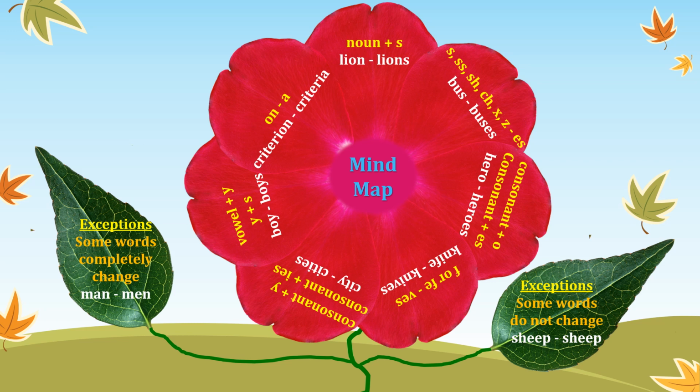Exception number 2. Some words do not change at all. They are very rigid. They remain the same in singular form and plural form also. For example, this noun sheep will be sheep in singular form and the same in plural form. It remains as sheep only.